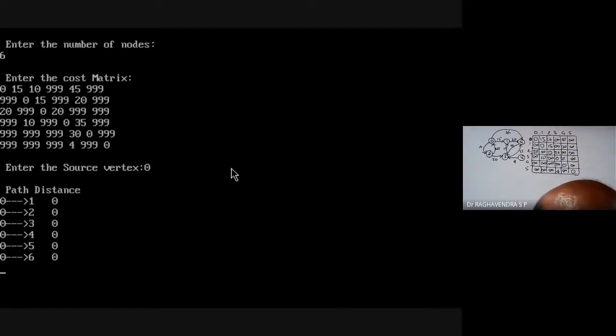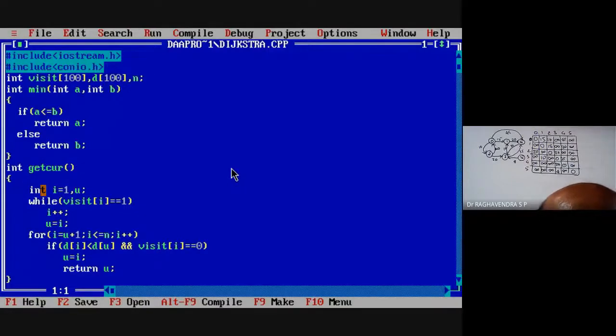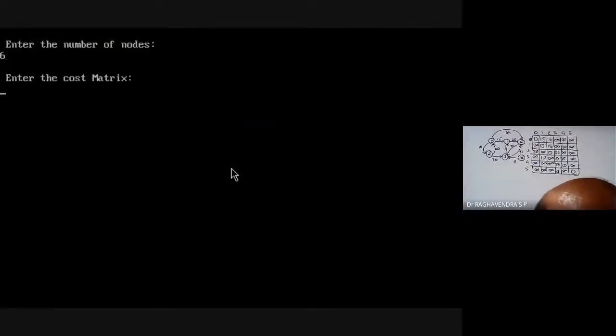I'm going to give another input, the 6 by 6 matrix again: 0, 15, infinity, then 45, then infinity, then infinity, 0, 15, infinity, 20, infinity.